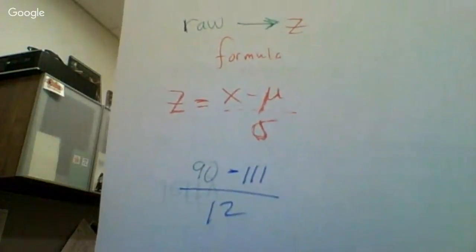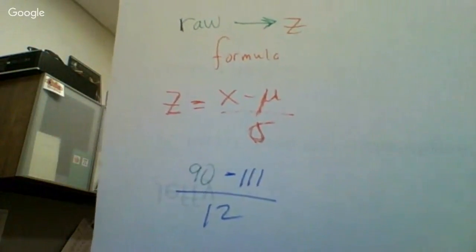I don't need to spend all that time writing it in there. But I know my x value is 90. My mu value is 111. And sigma is 12. All I've done for this part of the formula, 90 minus 111 over 12, is substitute into the formula the values which I initially extracted.